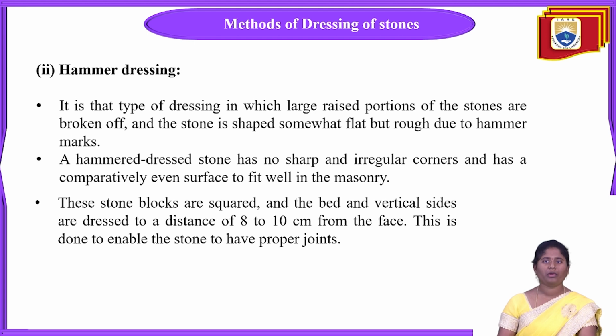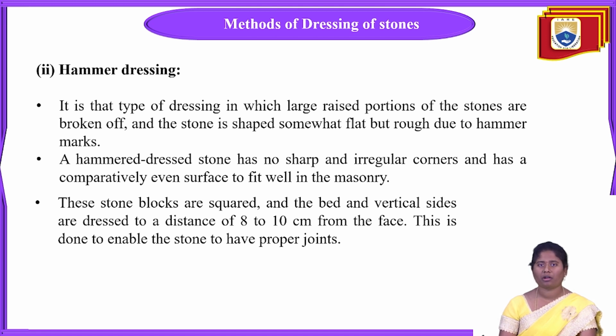Next one is hammer dressing. Hammer dressing is a type of dressing in which large raised portions of the stones are broken off. Overall, these portions of the stone will be broken off, and the stone will be shaped somewhat flat. This overall flat surface will be somewhat rough.